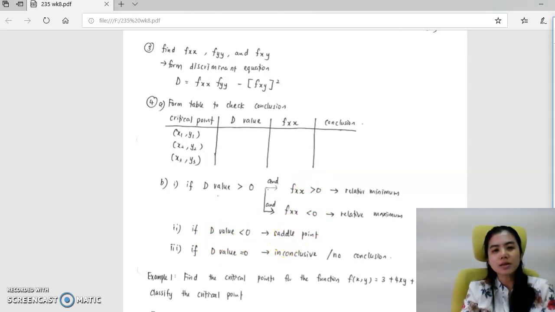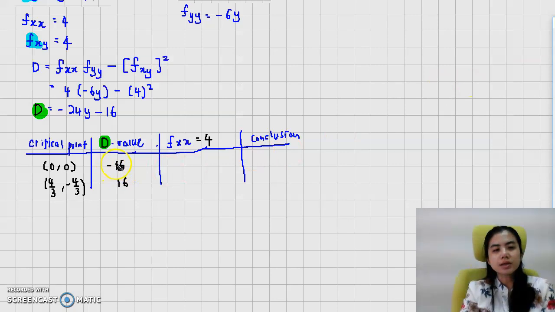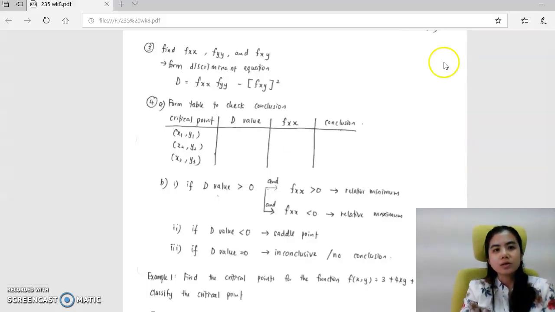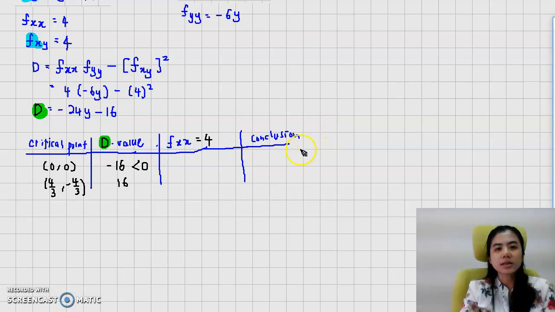So let's look at our case here. So this one is a D value. This D value is less than 0, is a negative 16, right? So means that you don't have to check fxx. So directly you can write the conclusion, it is saddle point. So you don't have to check anything, you just leave it blank.